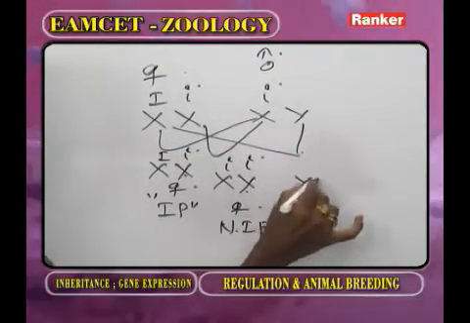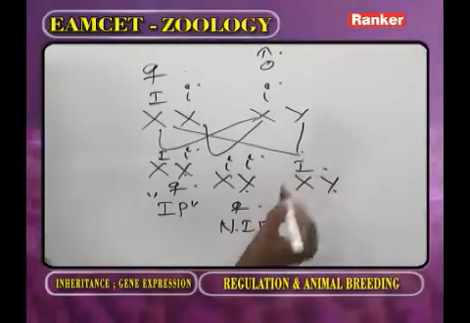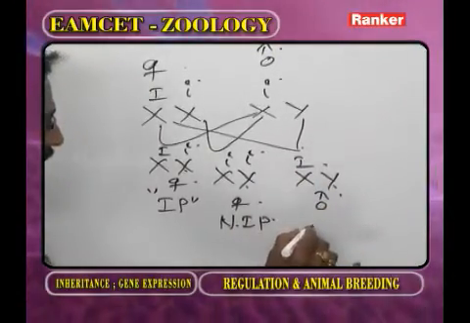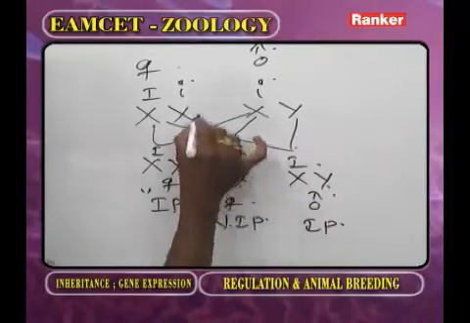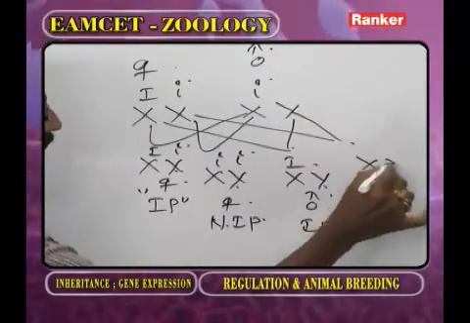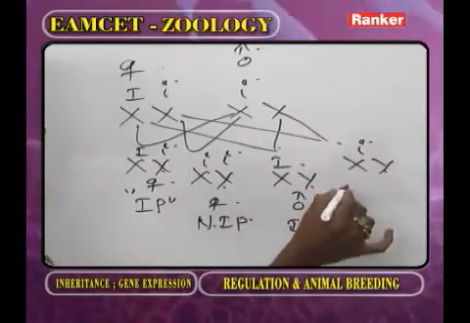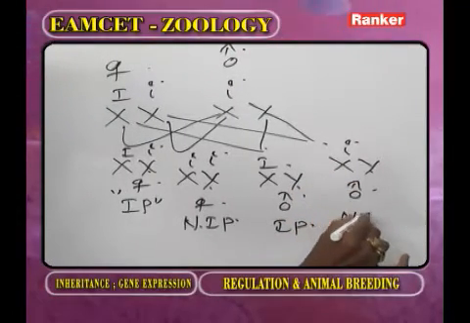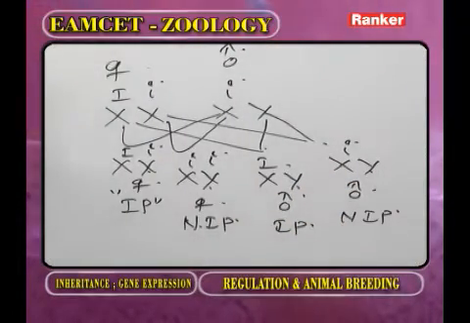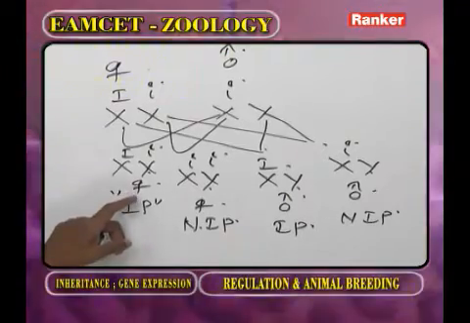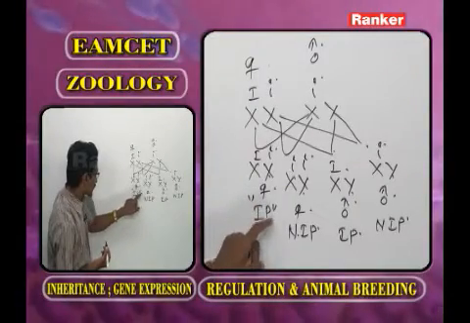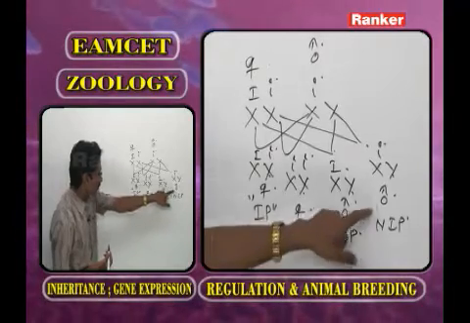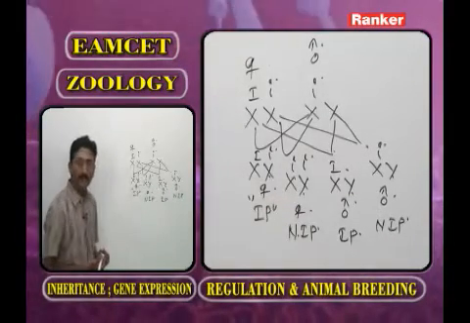Now we go for this cross, XY, capital I: XY, male, now suffering from incontinentia pigmenti. Now this one, XY, small I. Now XY, so male. N means no incontinentia pigmenti. Now as we observe, one daughter has the disease, one daughter has not. One son has the disease, one son has no disease.